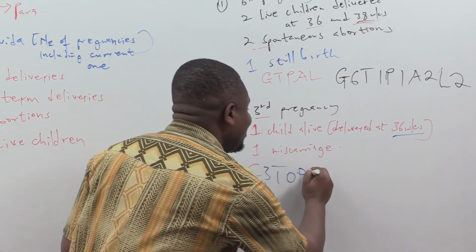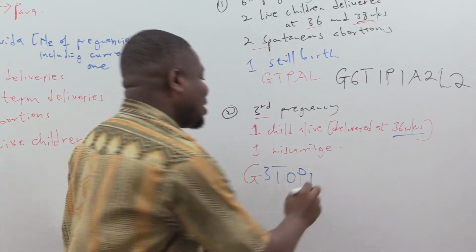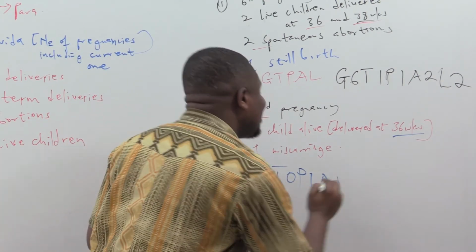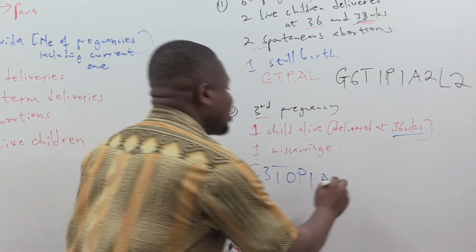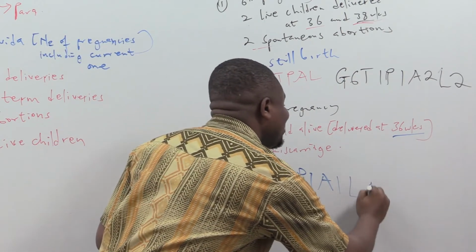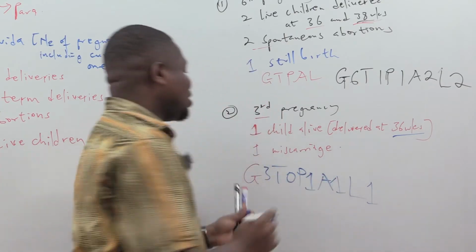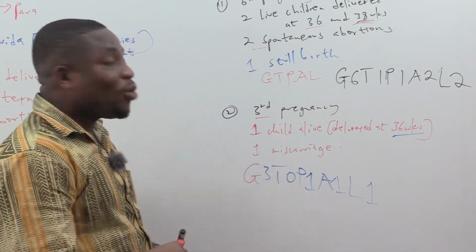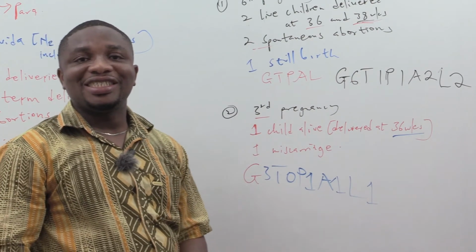So we'll have P1. Then we go to A, that is the abortion. Do we have any? Yes. 1 miscarriage, so 1. Then you go to L, which is live children. Do we have any? Yes, which is 1. So using the GTPAL, you have G3, T0, P1, A1, L1. I hope we've gotten it.